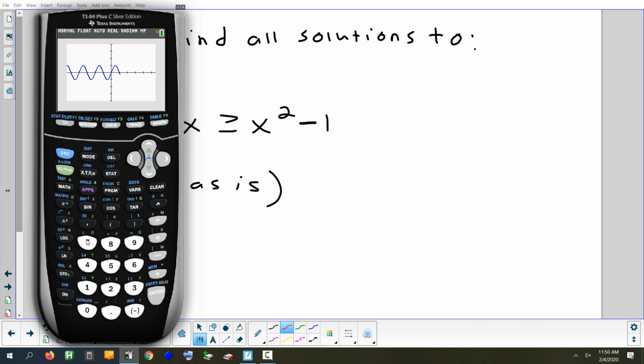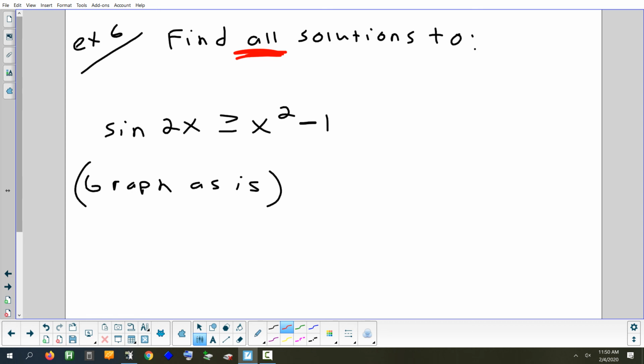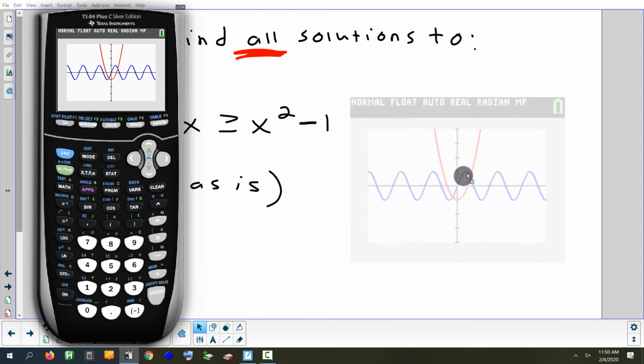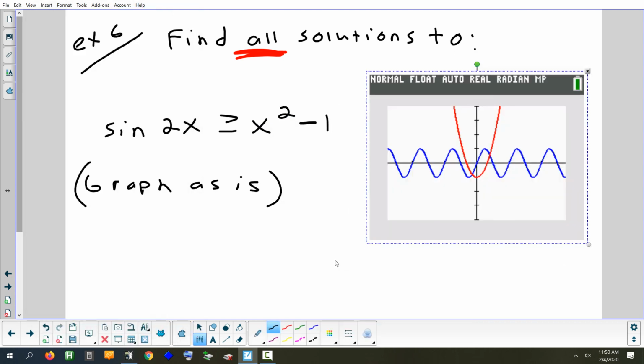So you can clearly see the sine 2x is periodic. It's repeating itself over and over. Okay, look at the parabola. Is the parabola periodic? No, the parabola doesn't repeat over and over and over. So when you find all solutions to this problem, you can see it right on the screen. There are no answers that go off the screen because the parabolas don't keep repeating off the screen.